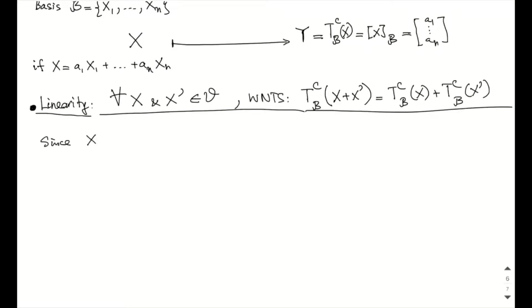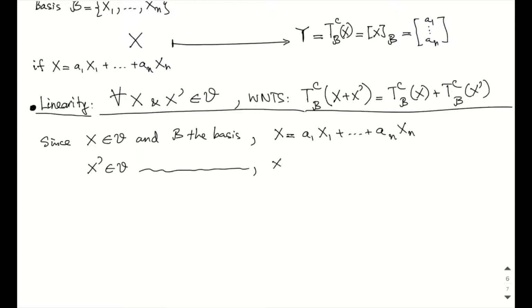Because x is in V and B is the basis, we can write x as a1 x1 plus ... plus an xn. Similarly, because x prime is in V and B is the basis, x prime can be expressed as some scalar a1 prime times x1 plus ... plus an prime times the vector xn.